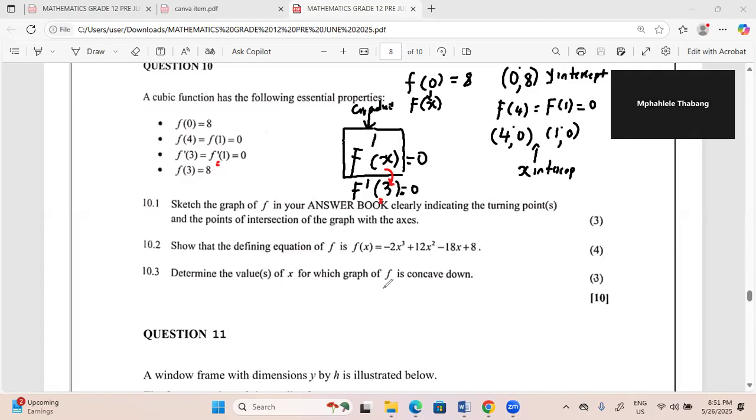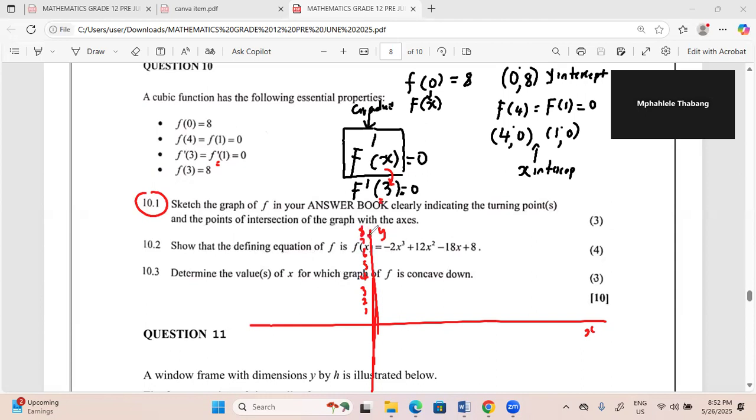Okay, so let me try to sketch the graph answering question 10.1. I know this is the y-axis, this is the x-axis. I know the y-intercept is 8: 1, 2, 3, 4, 5, 6, 7, 8.